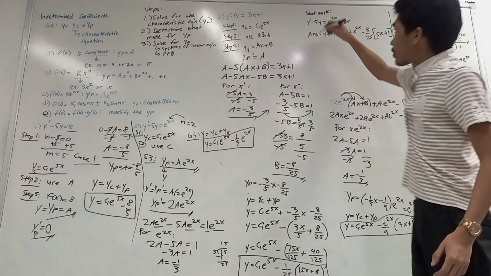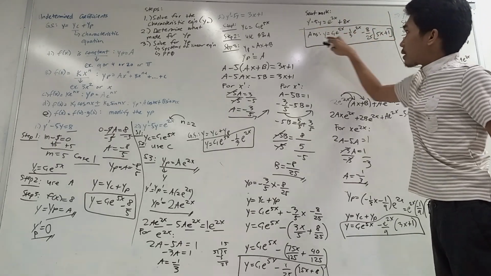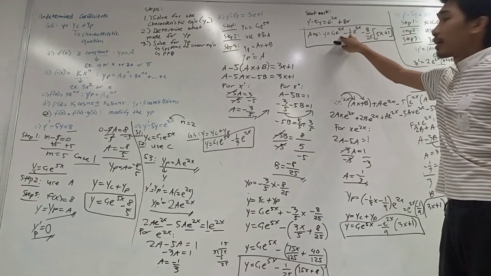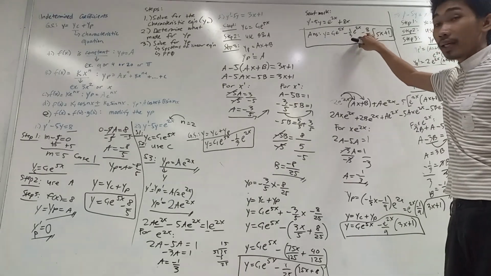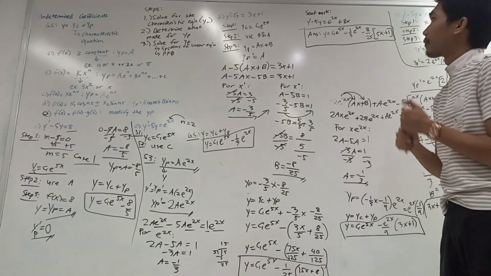Final answer nito is C1 e raised to 5x minus 1/3 e raised to 2x minus 8 over 25 times 5x plus 1.